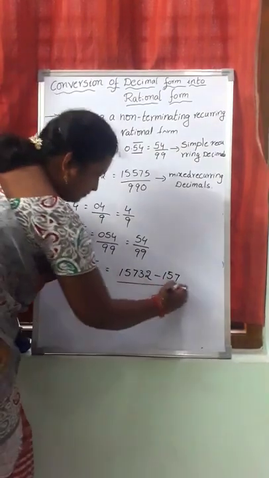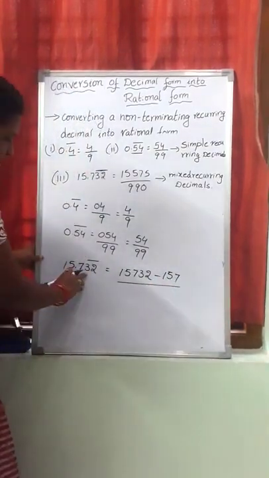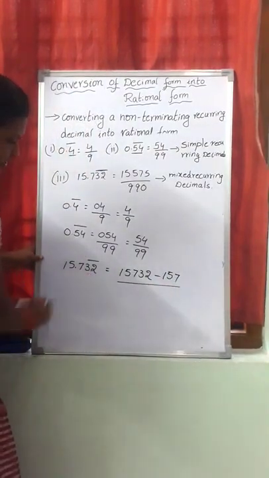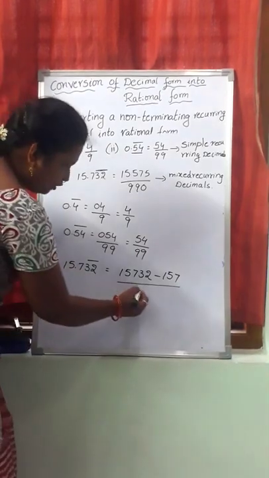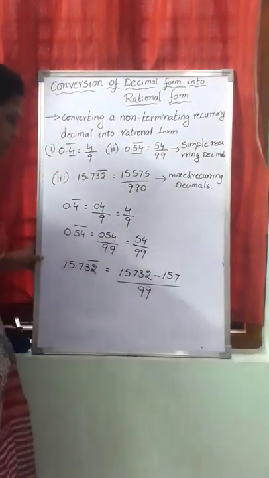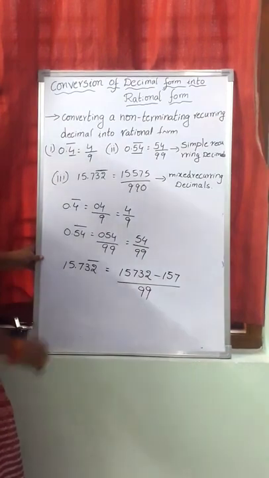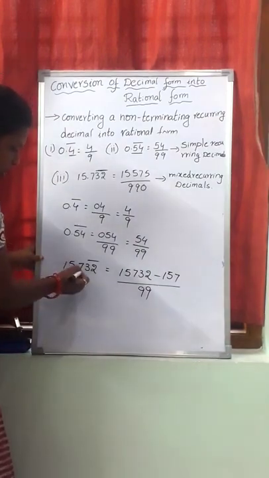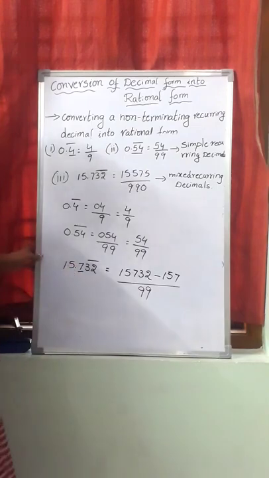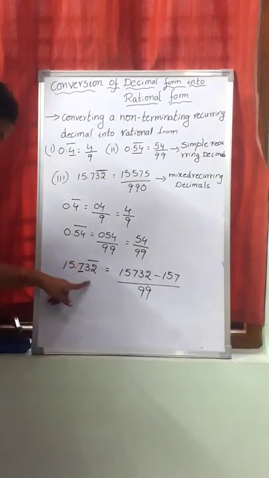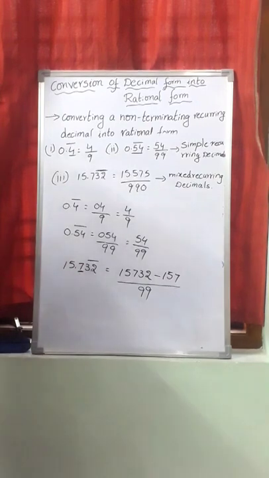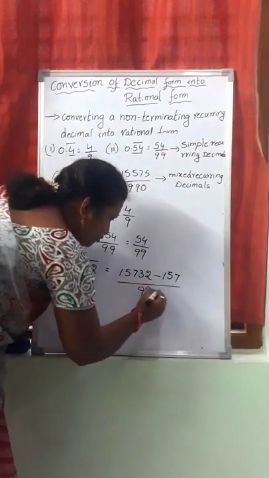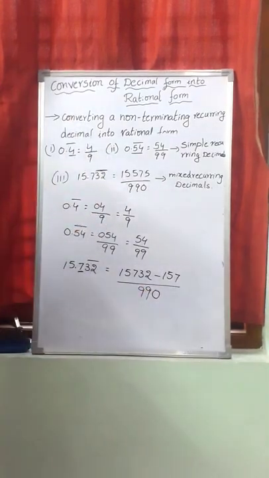By here, how many recurring digits are there? 2 digits, that is 99. And in the decimal place, how many digits are not recurring? Only one digit is not recurring, so that many zeros we have to keep in the denominator.